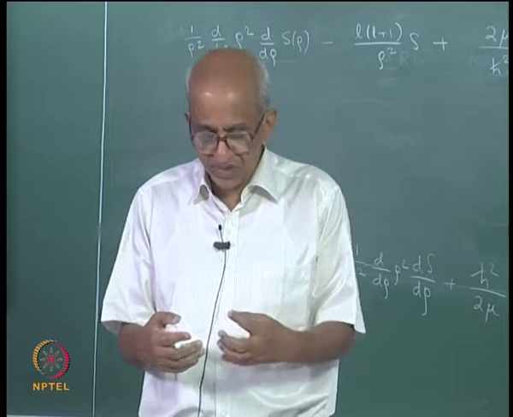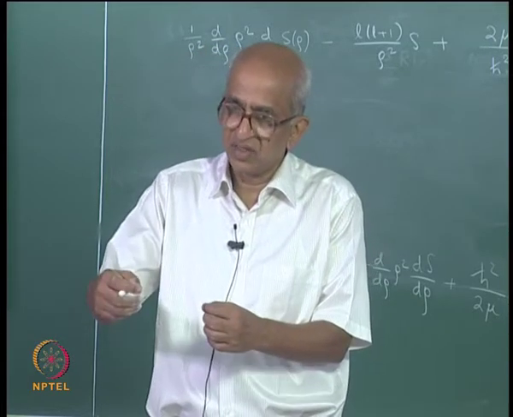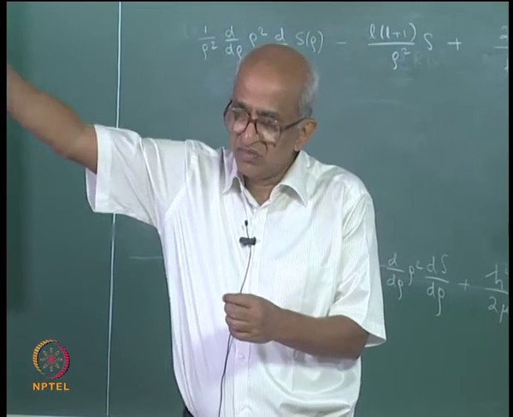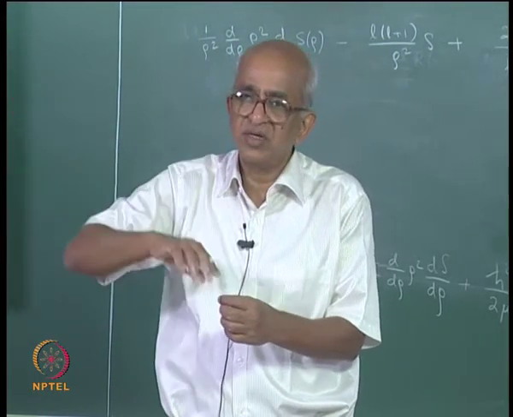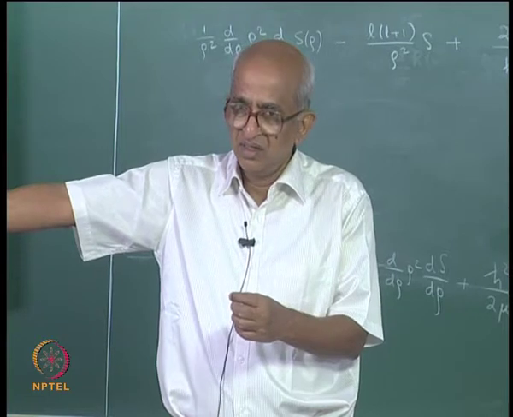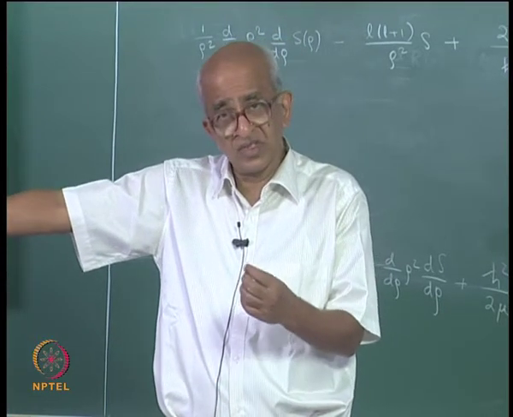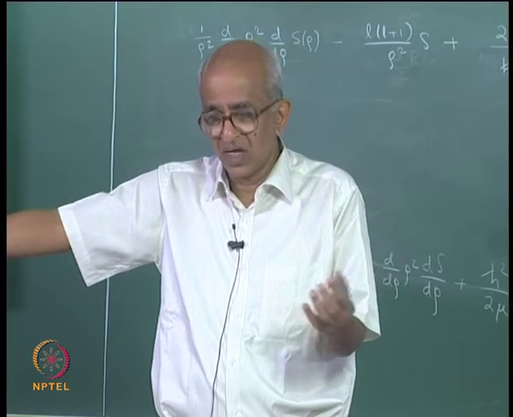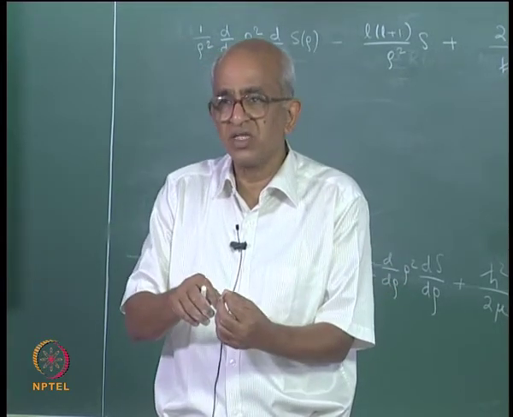But what is going to happen is this: you have the nucleus, you have the electron, and if the electron is far away from the nucleus, there is no interaction, and the energy of the system will be, let us say, 0. And if I bring the electron close to the nucleus, what would I expect?